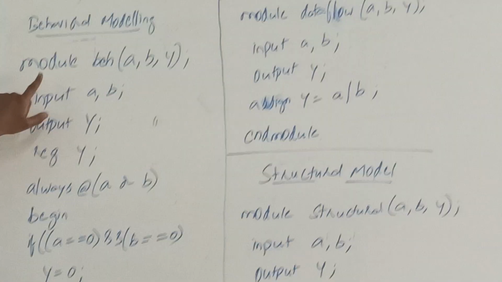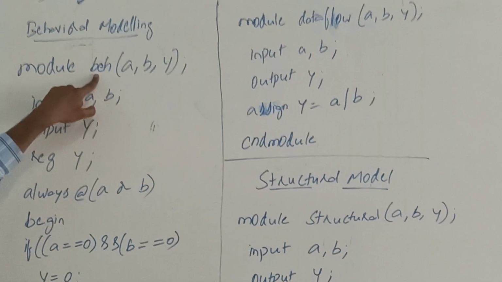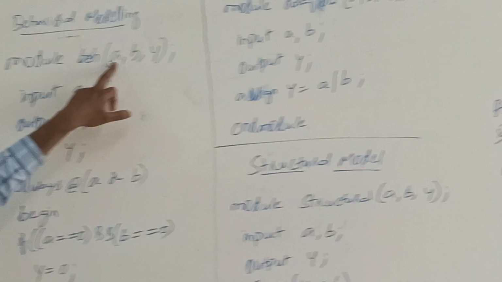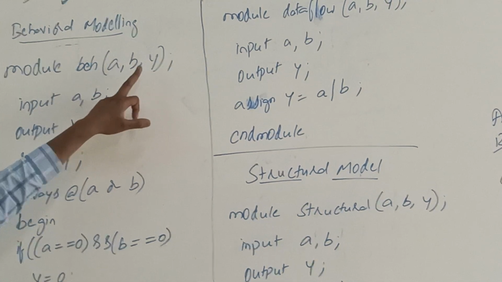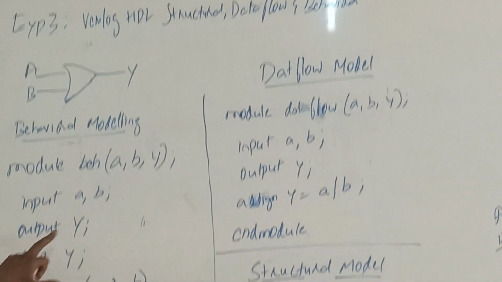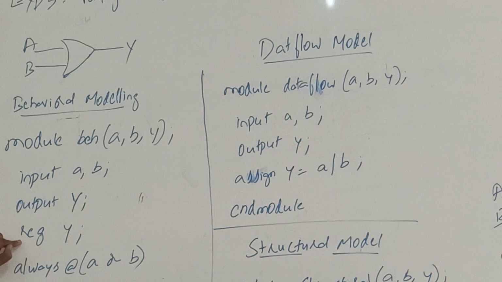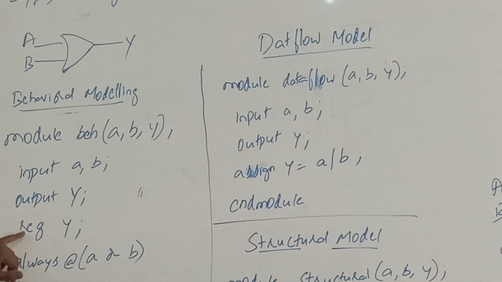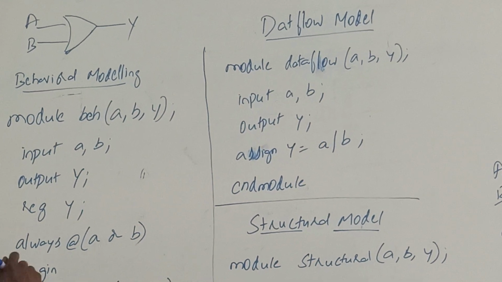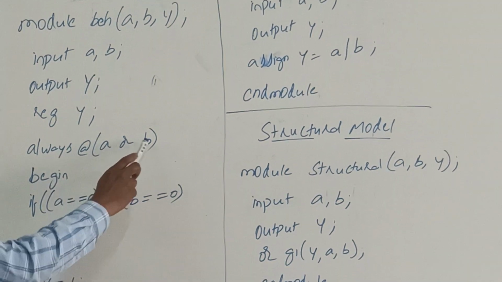In this behavioral model, the first thing I write is module, which is a keyword. I will give the name DH for this module, which indicates it is a behavioral model. Then A, B, Y are the inputs and outputs, in which the inputs are A, B and the output is Y. In the behavioral model, I always declare the output as reg Y along with output Y. Now always is a keyword, always @(A or B).